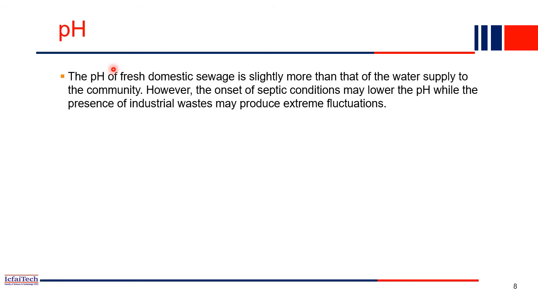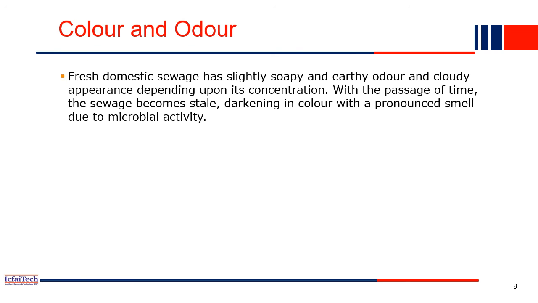Sometimes if we are collecting the water from a septic condition, in that case the pH will be low. Depending on whether some industrial wastes are coming into the wastewater, the pH value may be lower or higher. But by looking at the pH value of the wastewater, we can approximately guess the quality of the wastewater. So this is one more indication, that is the pH value of water.